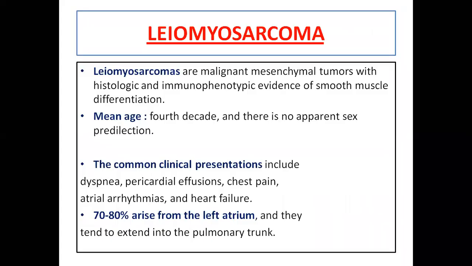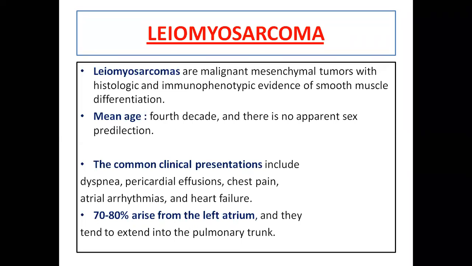Leiomyosarcoma is a malignant mesenchymal tumor with histological and immunophenotypic evidence of smooth muscle differentiation. It can occur in the fourth decade, and there is no apparent sex predilection. The common clinical presentation is dyspnea, chest pain, pericardial effusion, arrhythmia, and heart failure.